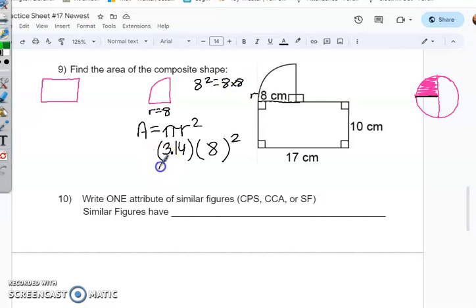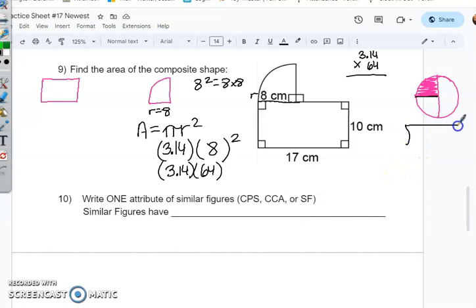We should know that. 8 times 8, which is 64. So your job is to multiply 3.14 times 64.